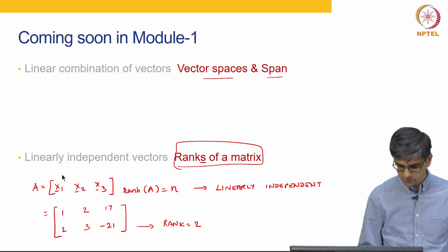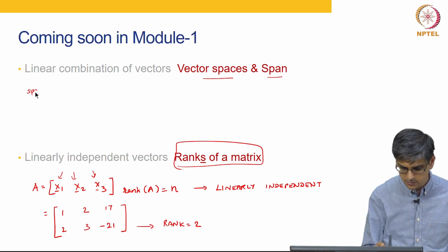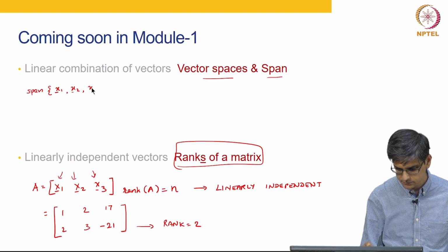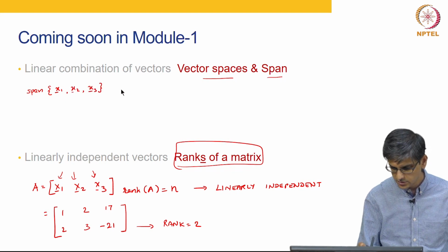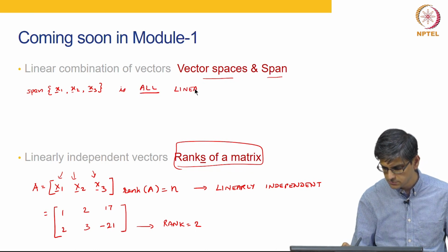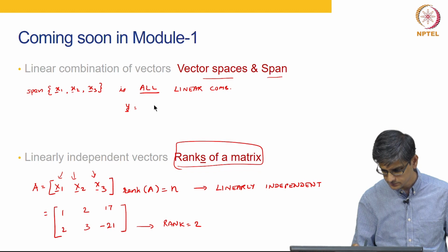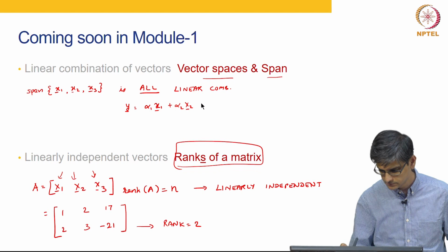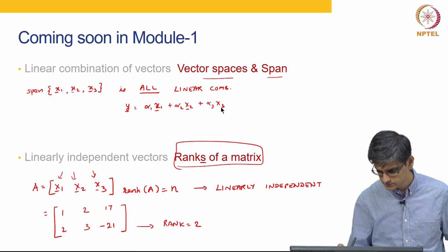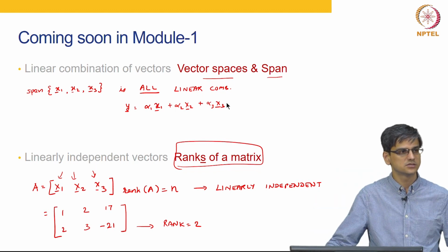If you have vectors x1, x2 and x3 bar, then the span is all possible linear combinations of these 3 vectors. That is the span of the vectors.